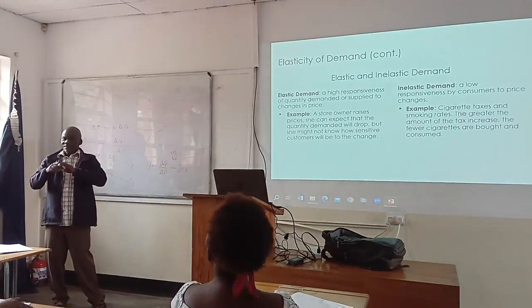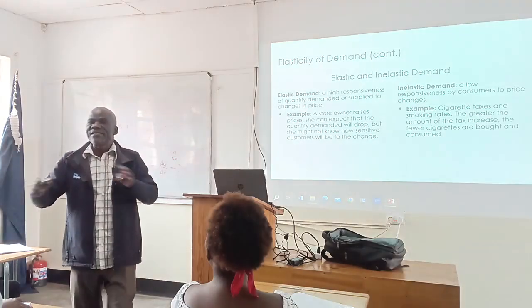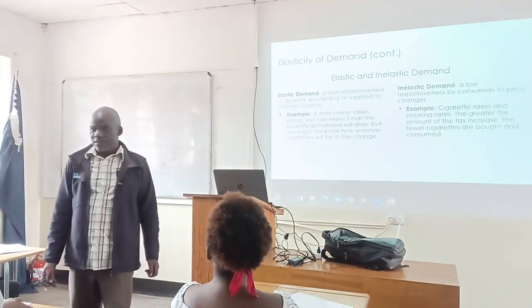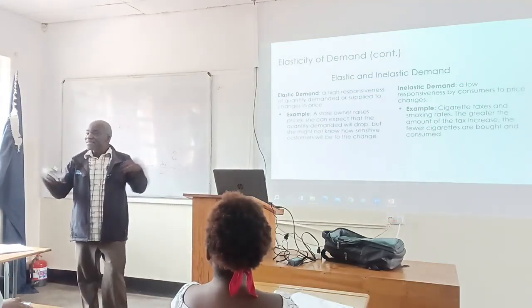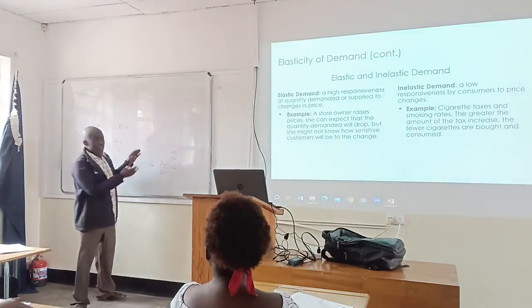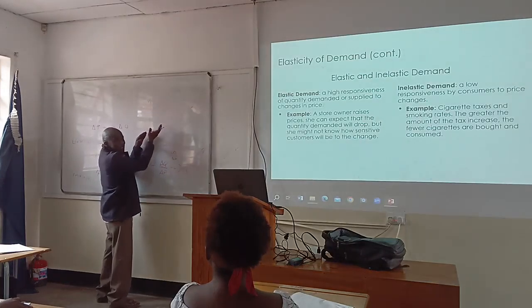For example, there is a change in price and nothing changes in quantity. The price is changing, but nothing happens with quantity. So what are we saying? We are saying that this slope is like what?